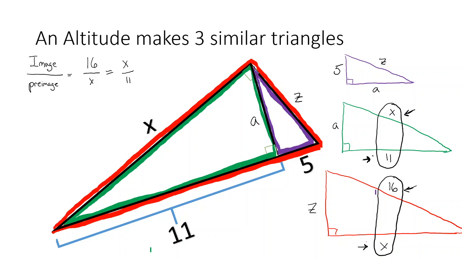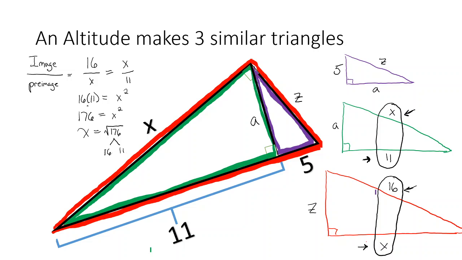That sets up a geometric mean. We cross multiply, and we get 16 times 11 equals X squared. 16 times 11 is 176, so 176 equals X squared. So you take the square root, and you get X equals the square root of 176.